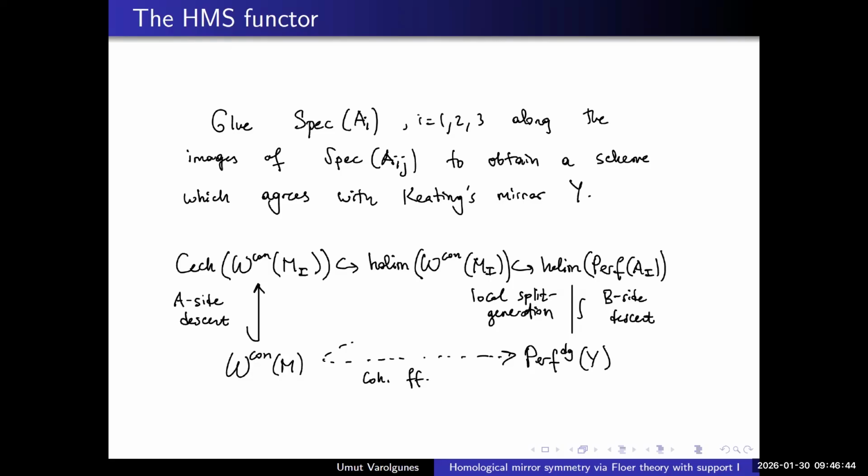It commutes if you also have split generation. Okay, so you have this. And because the diagram maps to the diagram, you can go to homotopy limits, and it's also a cohomologically fully faithful functor. And then this homotopy limit of perfect complexes over this Zariski cover is essentially by definition a DG enhancement of the category of perfect complexes over the scheme that we glued.